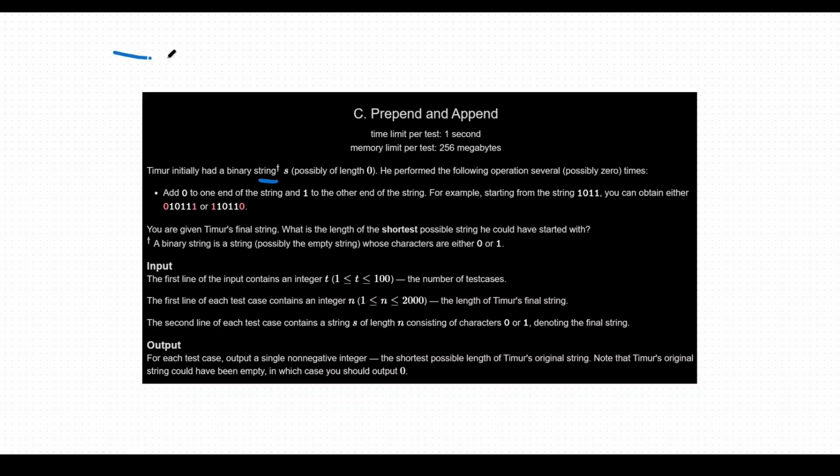If we have a string S, we can put 1 to one end and 0 to the other end, or we can put 0 to the left side and 1 to the right side. So these are the kinds of operations we have.